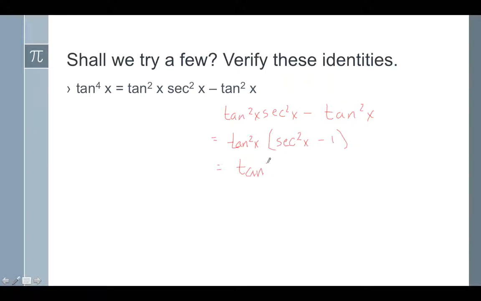This gets me tangent squared x times tangent squared x, and squared times squared is to the fourth power. Now look at there, that one really wasn't as challenging as it may have looked with that fourth power on the tangent.